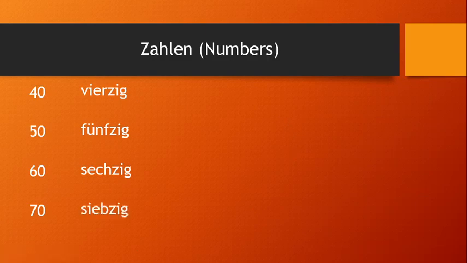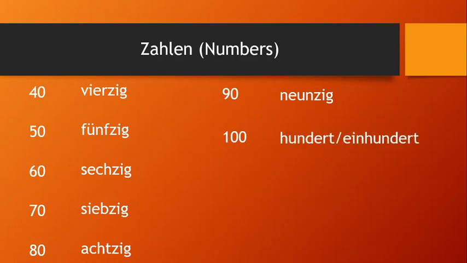Okay? 80 is achtzig. 90, yes, it is neunzig. And 100 would be hundert or else einhundert. Hundert oder einhundert. Einhundert is 100.